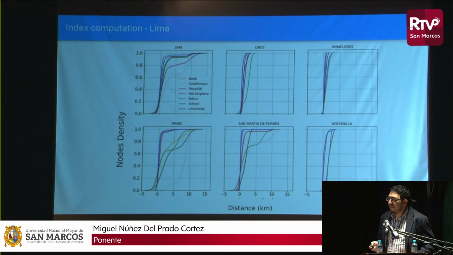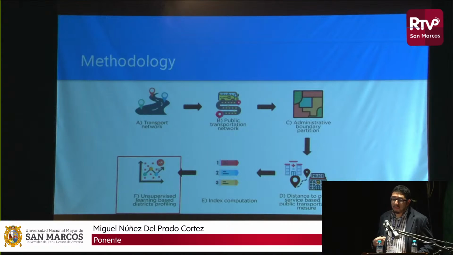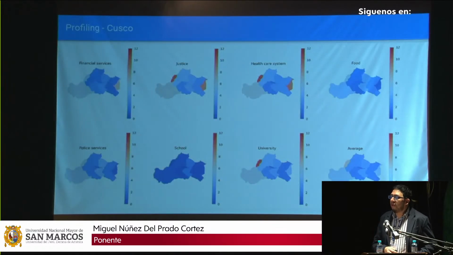So based on that, we were able to profile these municipalities. Based on this, we built just a simple heat map where we have the distance here in kilometers, and then we have the public services they covered. So we can see where we have the municipalities that are the critical ones to reach some public services.